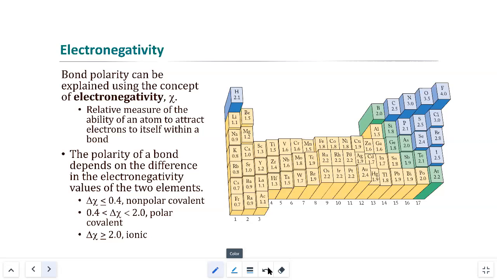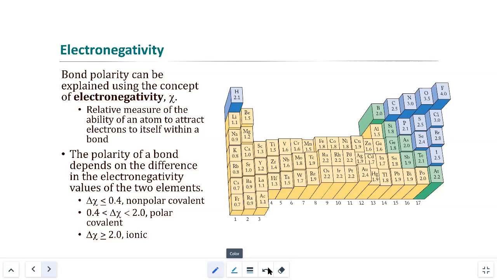And these other ones have a lesser attraction. And depending upon how different the two atoms are in terms of their electronegativity, that can give us an idea of what kind of bond it would make.